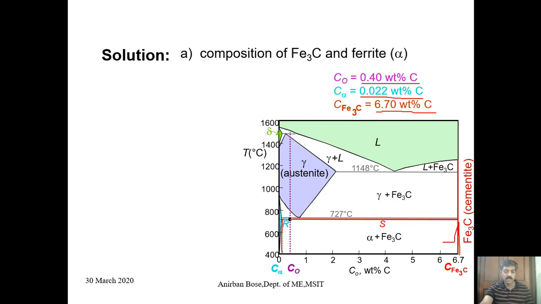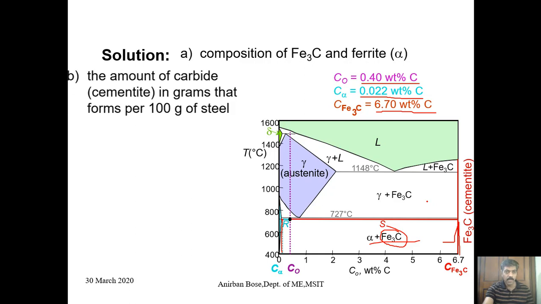What was the second part of the problem? You have to find out how much cementite is present if 100 gram steel is there. So let us find out what is the fraction of cementite present in this mixture, the fraction of Fe3C present. We know by using the lever rule.